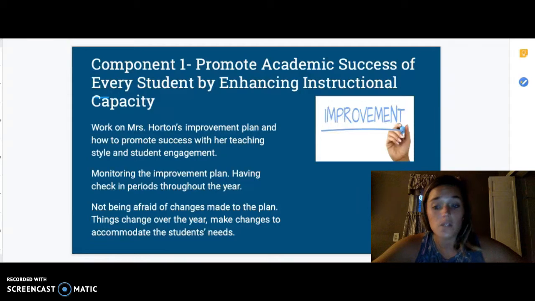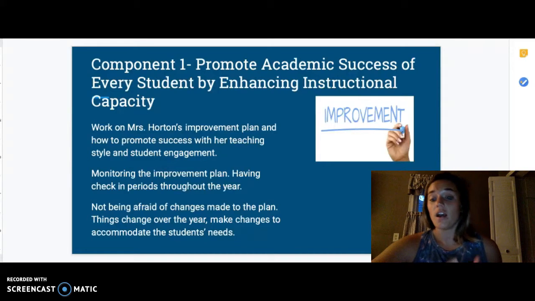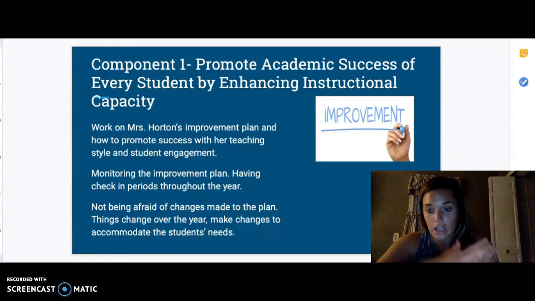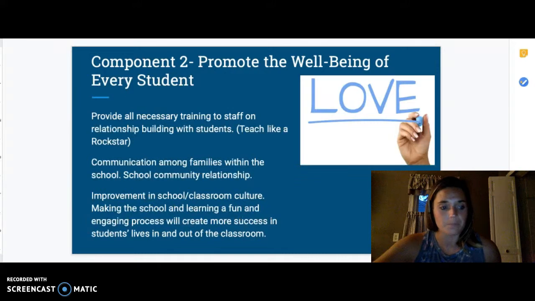Make sure, don't just set an improvement plan, make sure to have check-ins and reflections, where you say, okay, we're kind of off track, we need to move back towards this, and also not being afraid to make changes. Sometimes students change. I know my own class this year, we've had to make multiple changes throughout the year because students learn one thing and you have to kind of accommodate. So making sure that the plan is adjustable, they can accommodate things so the plan works for everyone.